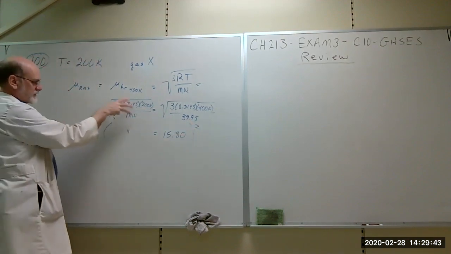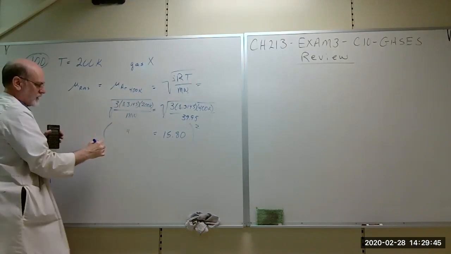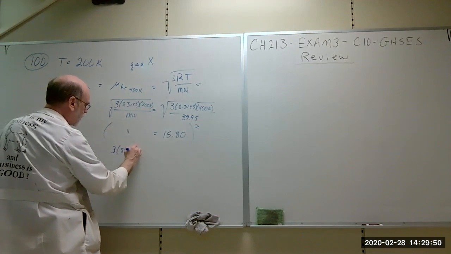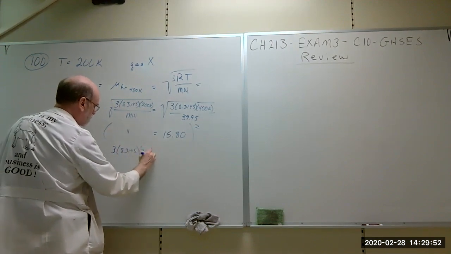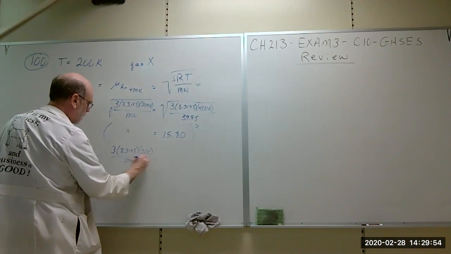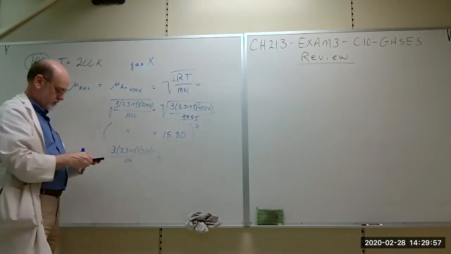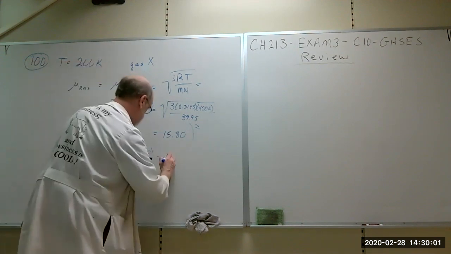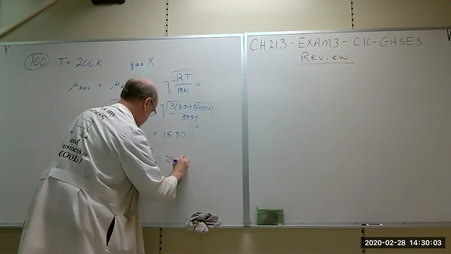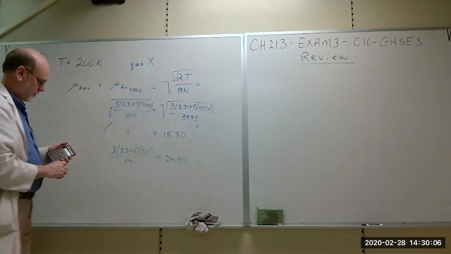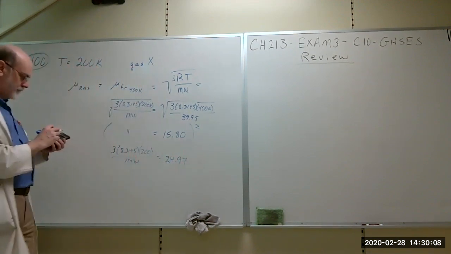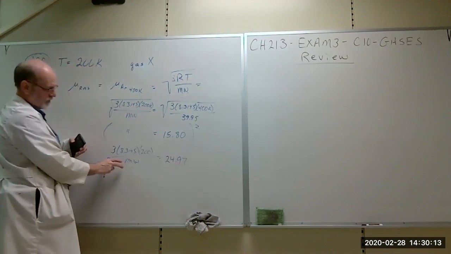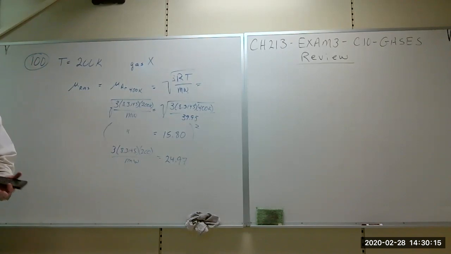That takes the square root away from this one and gives us 3 times 8.3145 times 200 divided by molecular weight equals that squared, which is 24.97. Now if we put this one in the numerator and this one in the denominator, we calculate what the target molecular weight is.